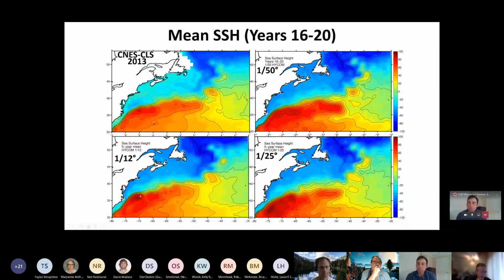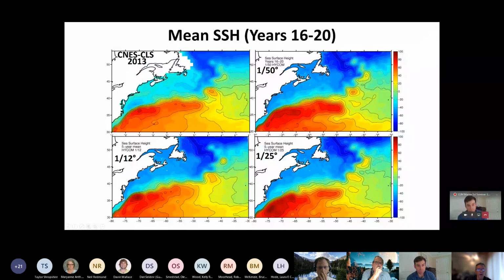The 1/12th degree, you have a good separation, but then the jet pretty much stops penetrating the interior and becomes much more unstable. 1/25th degree is even worse. It cannot go past the New England seamounts, and you have a lot of recirculation taking place south of Cape Hatteras.